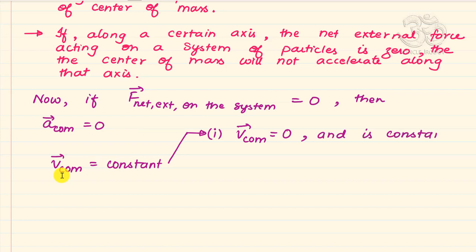So what does that mean? That means that the center of mass was not moving initially, and because the velocity always is a constant, which is 0, the center of mass never moves. So the center of mass was initially at rest and it remains at rest at the same point.